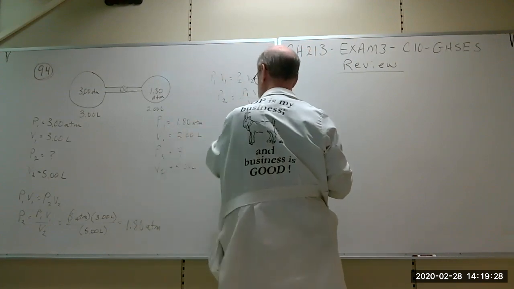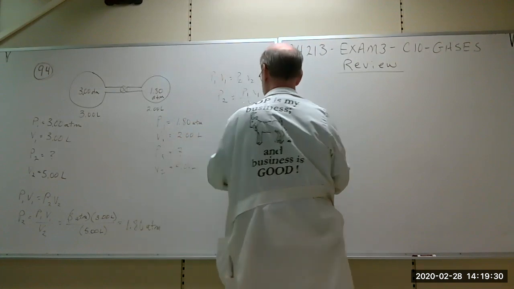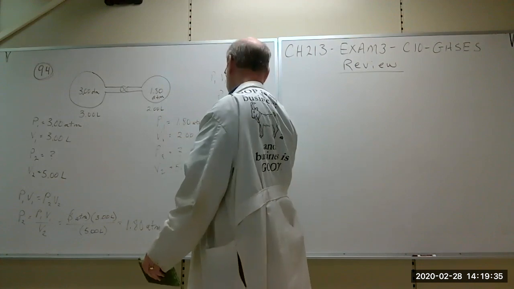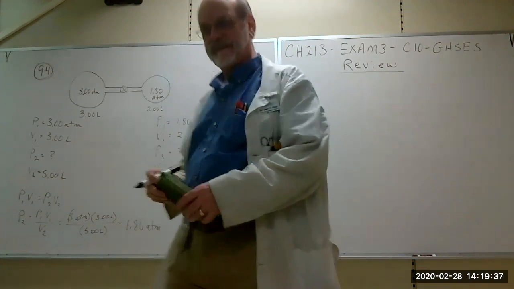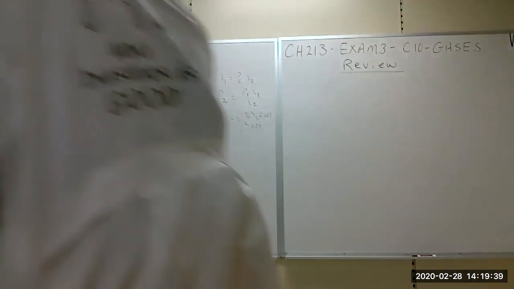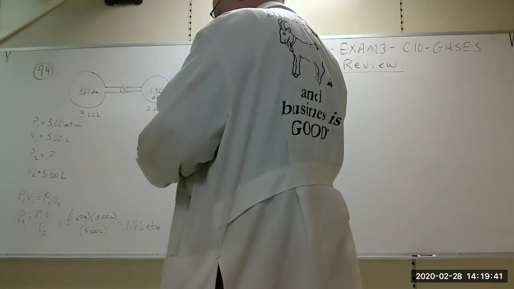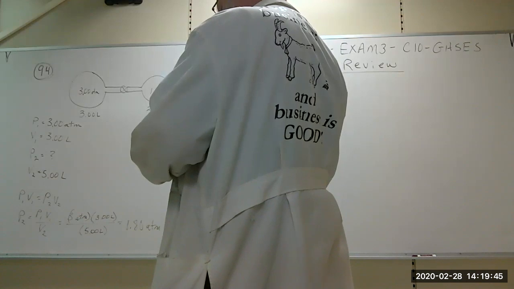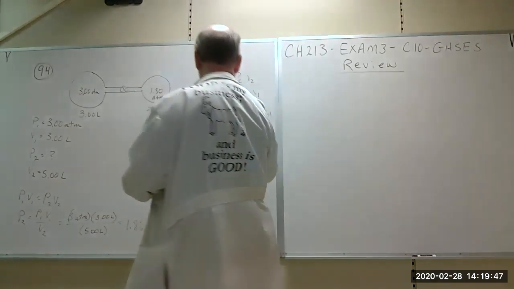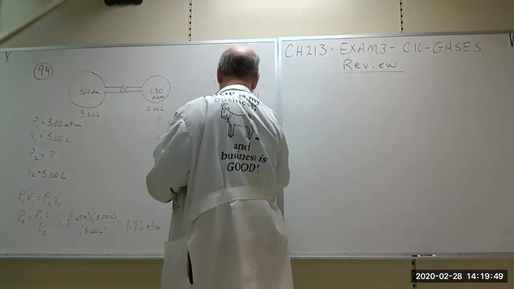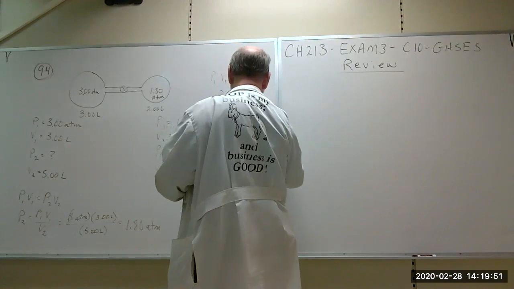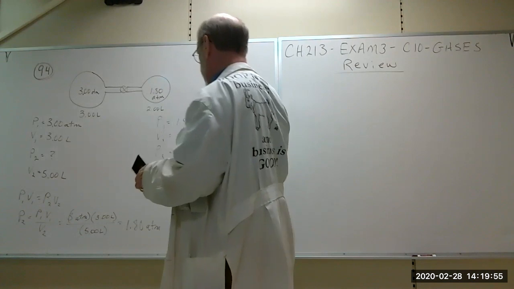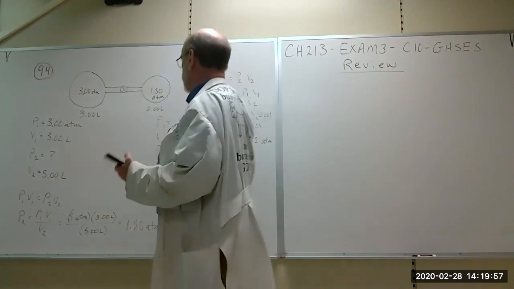V3 is 2. Final 5. So that's 2 times 1.8 is 3.6, divided by 5. 0.72. So this is the contribution from the right-hand bulb.